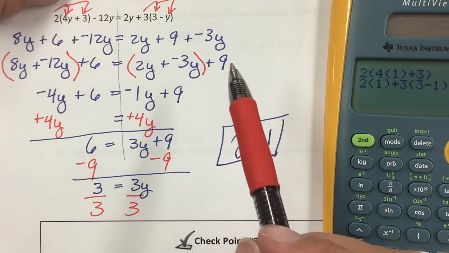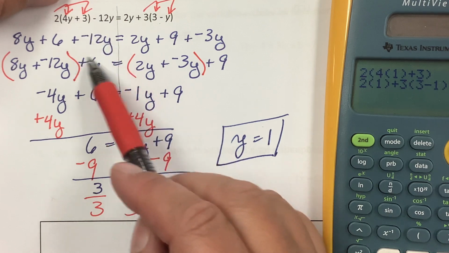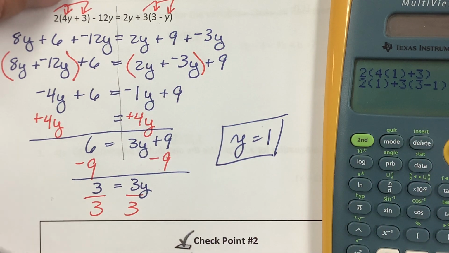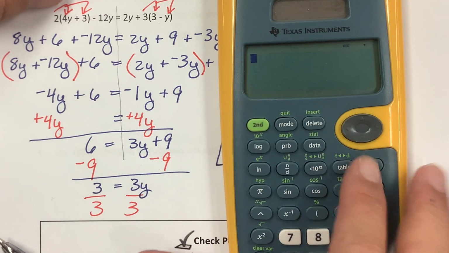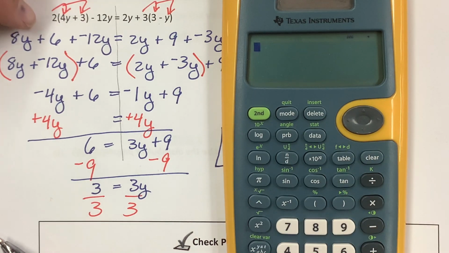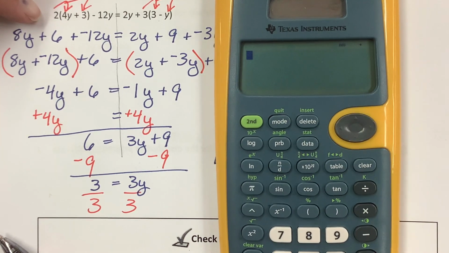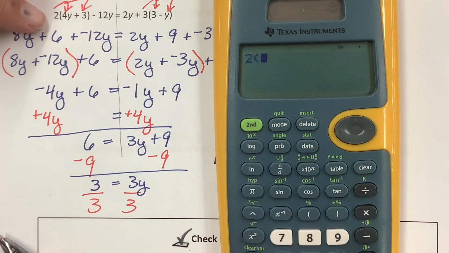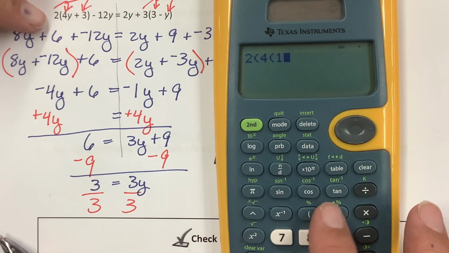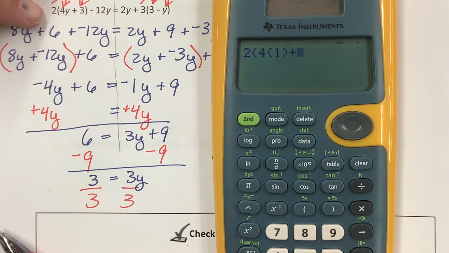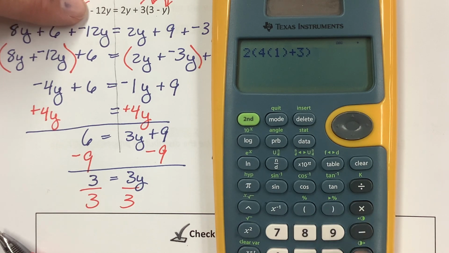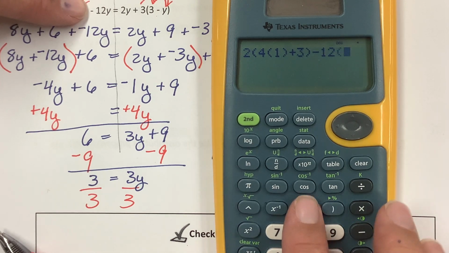Oh, I forgot the minus 12y on the first problem. Oh, goodness gracious. Look at me, all being a fool. I knew it was the check that was wrong. 2 times (4 times 1 plus 3) minus 12 times 1.